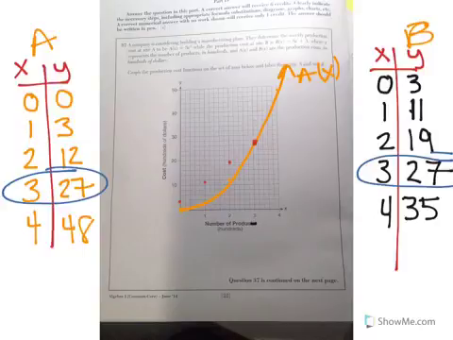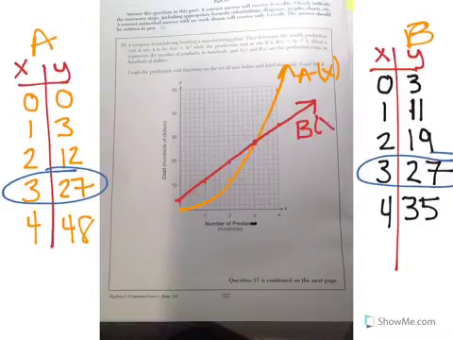When x is 4, y is 35, so right about roughly there. Okay, so with this, we should have this straight line, and this is going to be our function b of x. That is actually all you have to do for the first part of this question.